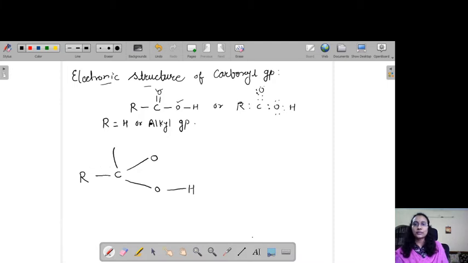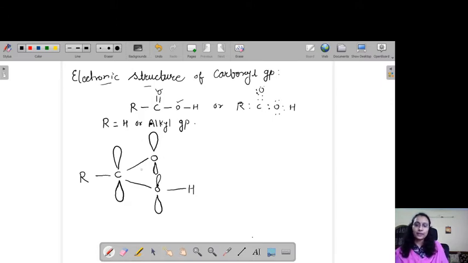The electronic structure shows that this carbonyl carbon has two orbitals, same with the oxygen, and here also there are two orbitals. We will show these are the p orbitals.